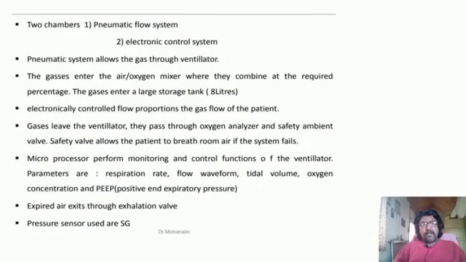So these are the things that I was talking about in my previous slide. Look at this. There are two chambers, a pneumatic chamber as well as an electronic control chamber. The first chamber determines the ratio of the oxygen that has to be mixed with the air, and that should be of medical standards, and the oxygen enriched air should be stored in a separate tank that has been mentioned here, right?